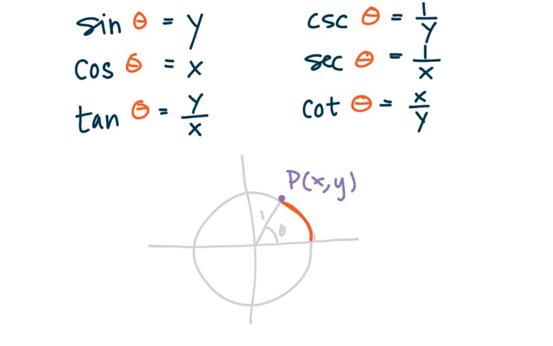So if we're on the unit circle, we can define all of our trig functions this way. And on the unit circle, this s value is the same as the theta value because it's on a circle of radius 1.